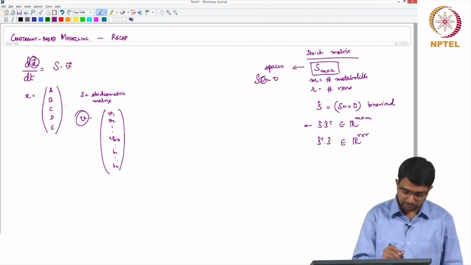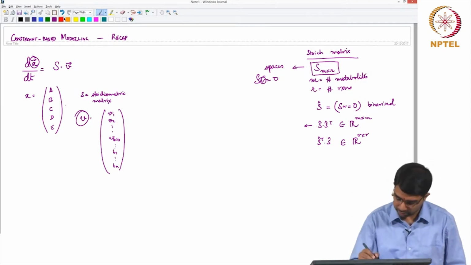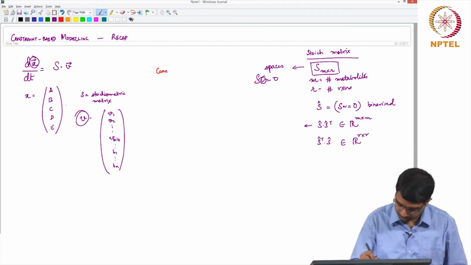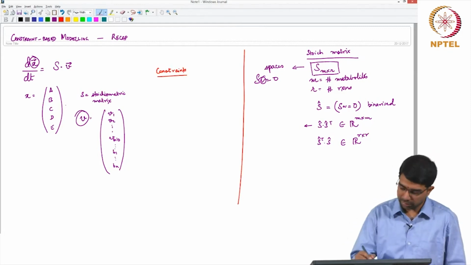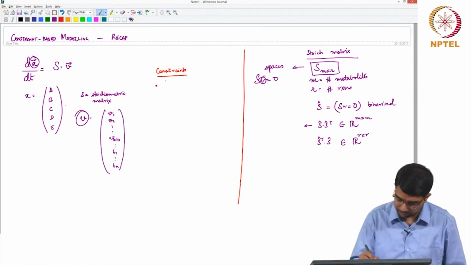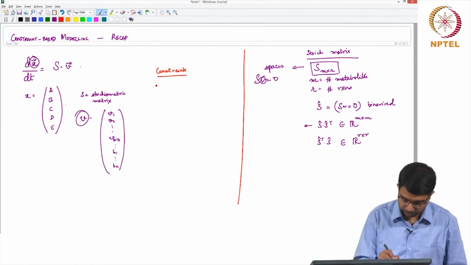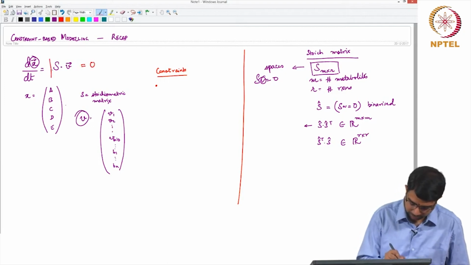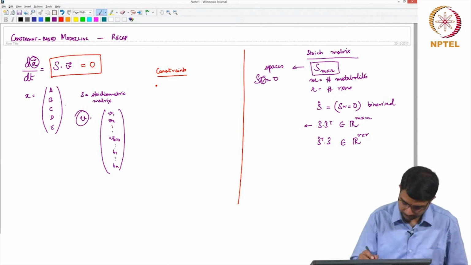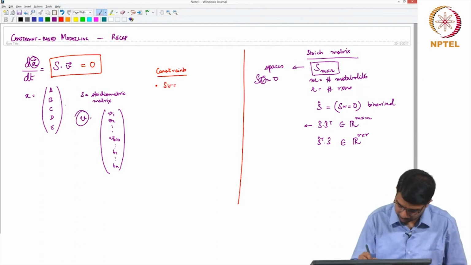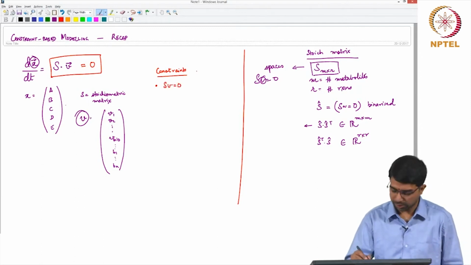So now what are your constraints? We said this is constraint based modeling. Where do you get your constraints from? So we said we will impose different kind of constraints. The first important set of constraints is what we already have here. Essentially at steady state this becomes SV equal to 0. What is this constraint? Mass balance.